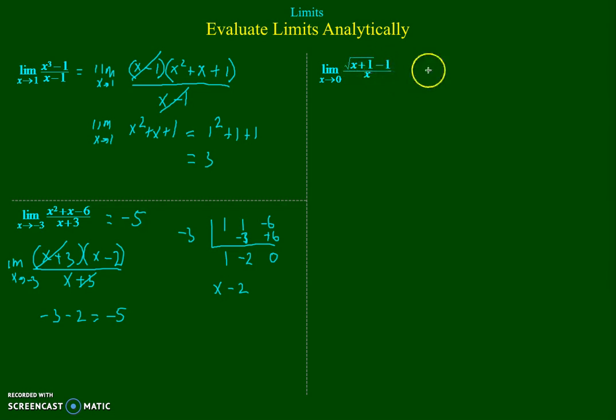And the conjugate of this would be the square root of x plus 1 plus 1. And what I want to do is I want to multiply this by some form of 1. And that form of 1 is going to be the square root of x plus 1 over x square root of x plus 1 plus 1.